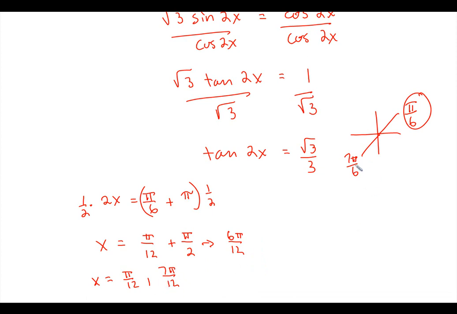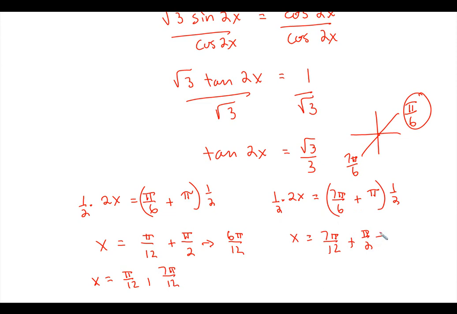So I'm going to do the same thing with the 7 pi over 6 now. So we have 2x is going to equal 7 pi over 6 plus pi. So we multiply by a half here, and we're going to end up with x equal to 7 pi over 12, which we already found from the first part, plus pi over 2.